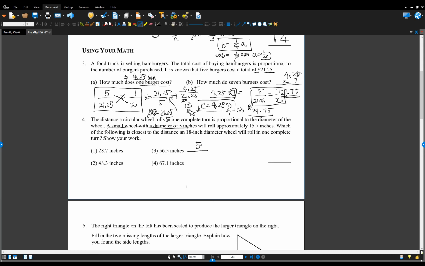If the diameter is 5 inches, this is the roll distance. If we have a diameter of 18 inches, how far does it roll? x. You can use this proportion.